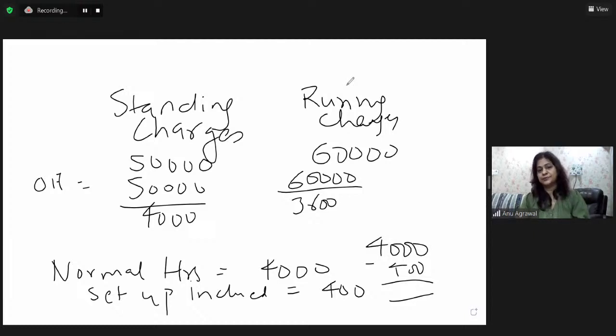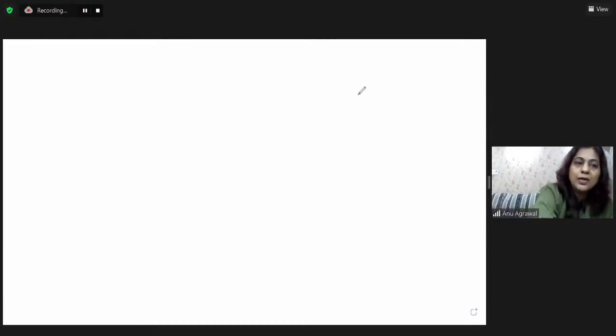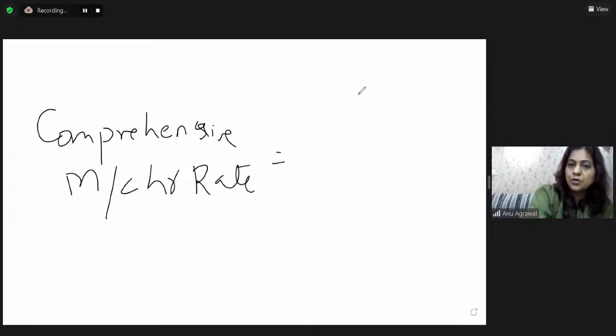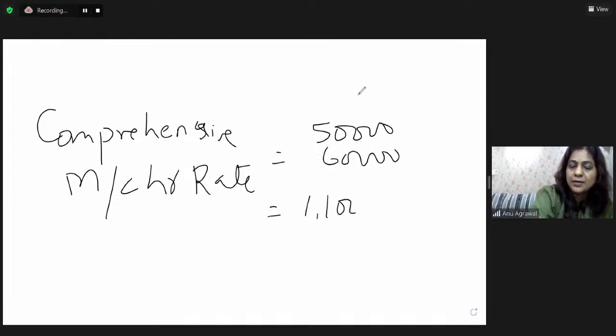Now, ICAI is not teaching you this. No question is asked on it. So what do I do? I calculate a comprehensive machine rate. So your total overheads were how much? 50,000 plus 60,000, that is 1,10,000.